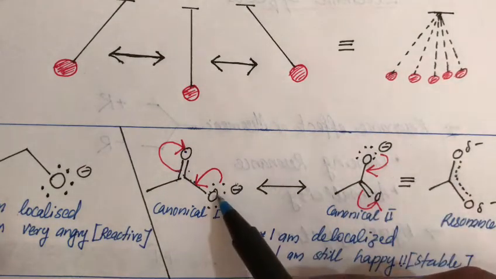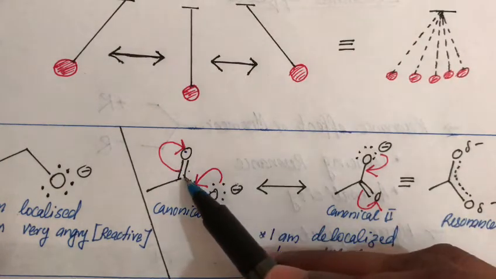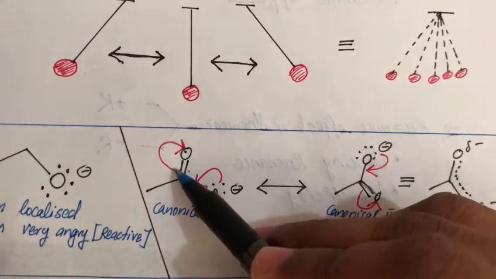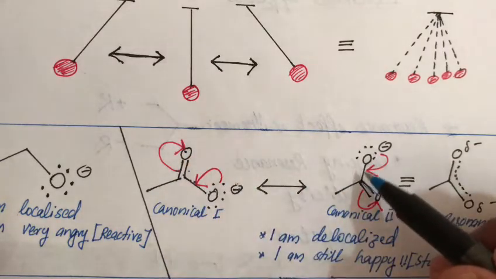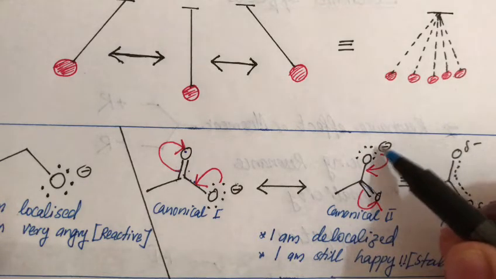Initially the lone pair is here and the pi bond is here. When you shift this lone pair to this bond, you get a pi bond here, and the pi bond moves onto this oxygen, which then has a negative charge.